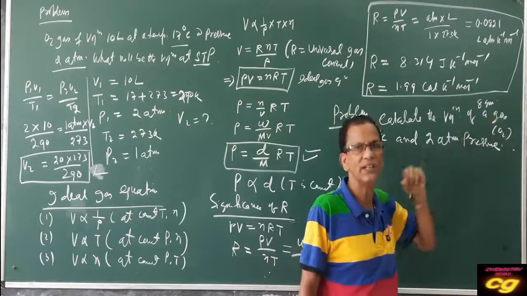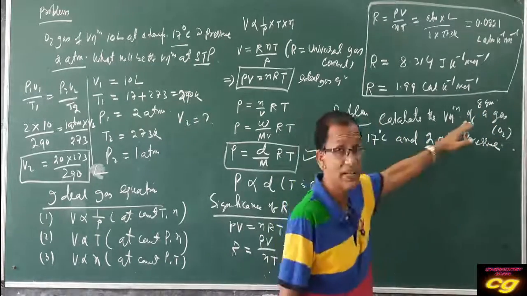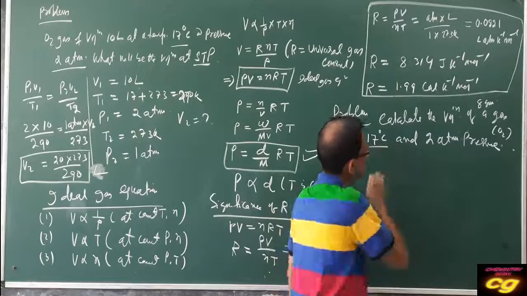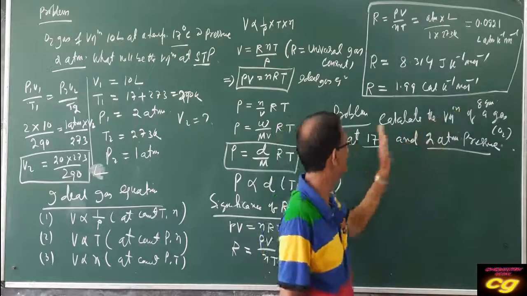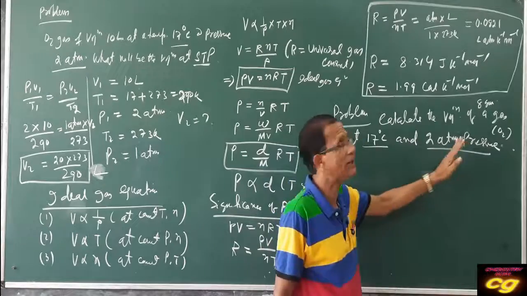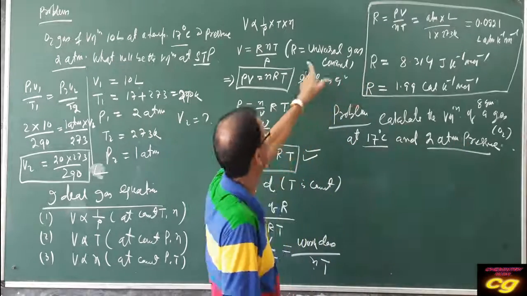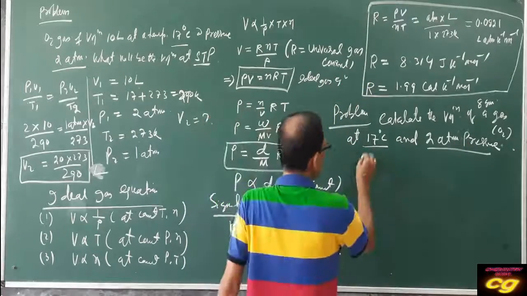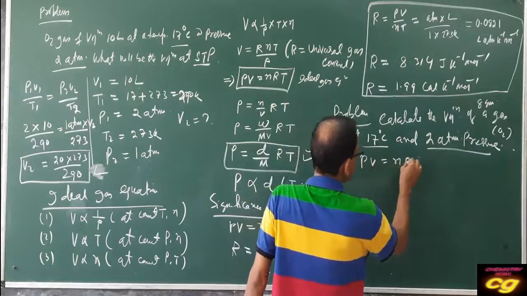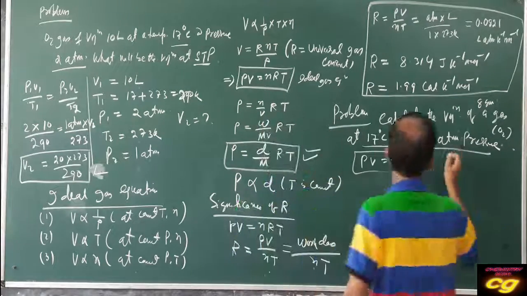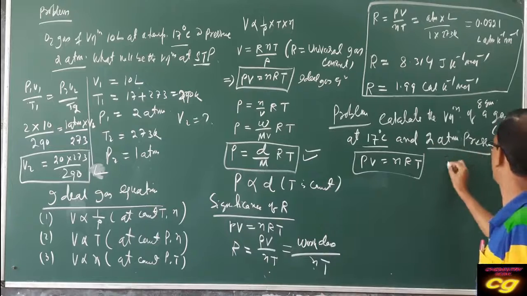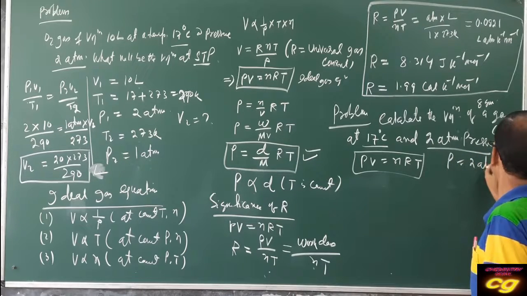Here the mass of oxygen gas is given and volume is asked, with the condition of temperature and pressure. So here mass, temperature and pressure are given, which means we have to use n. So we know PV is equal to nRT. We can use this formula. Here P is 2 atm.